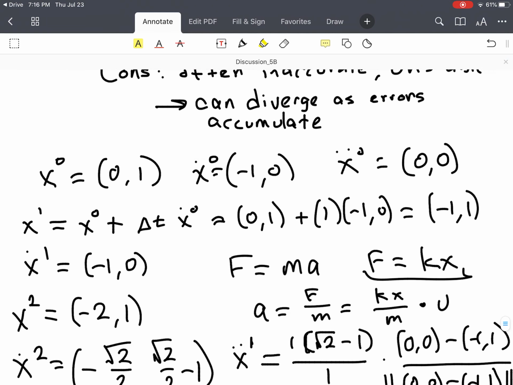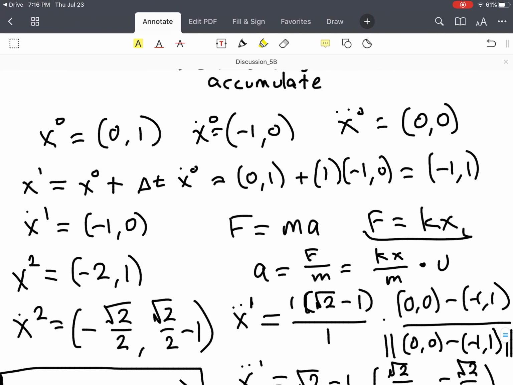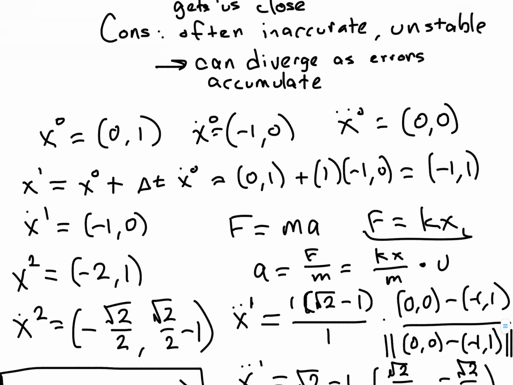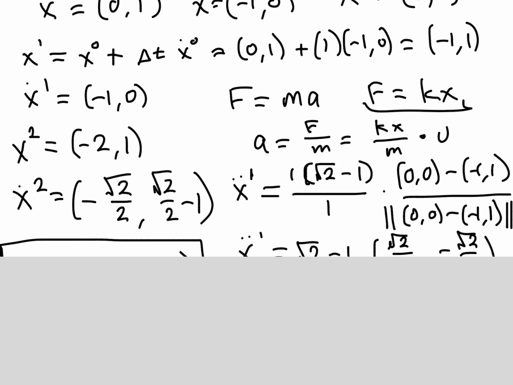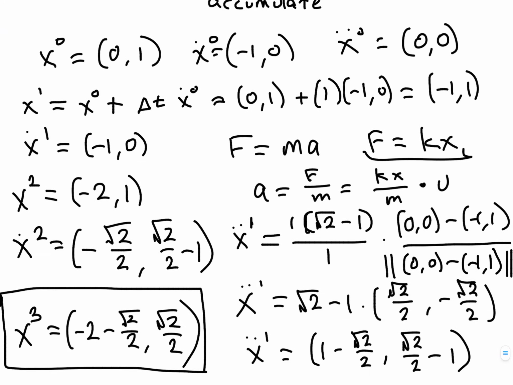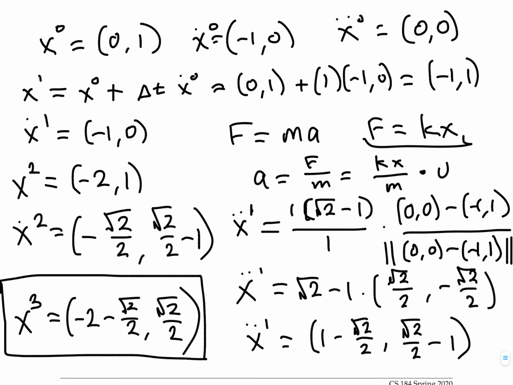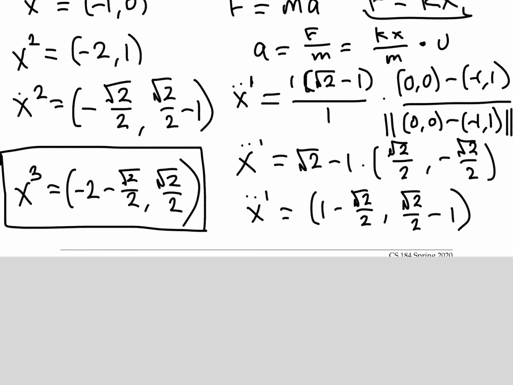Okay, so let's look at what we did here. We started with these givens. We used that to calculate the position and velocity at time equals 1, just following the Euler formula. And then we found the acceleration using F equals ma and F equals kx together.